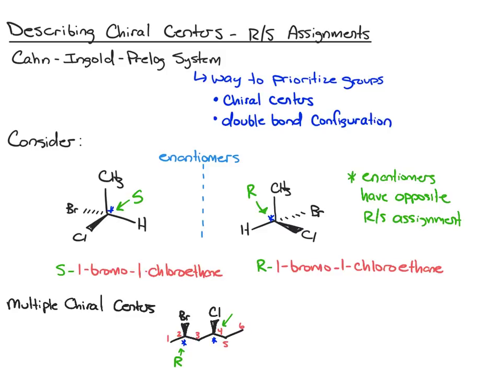On this second one, an S configuration. So when you write the name for this one, you need to tell the reader the location for each configuration. So you would start the name for this one, you put in parentheses, you would say 2R, 4S. So when there's multiple chiral centers, you include the number. And then just the rest of the IUPAC name as usual.